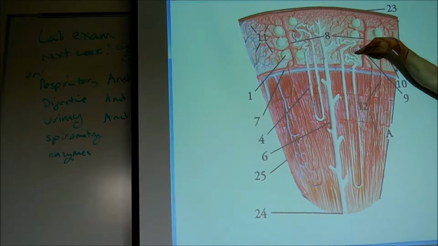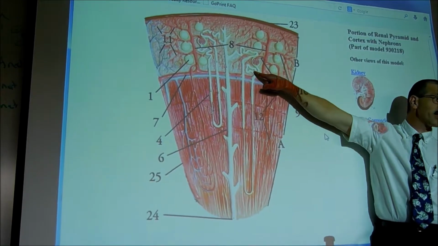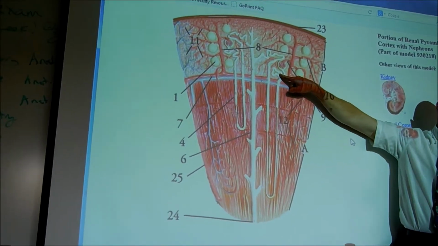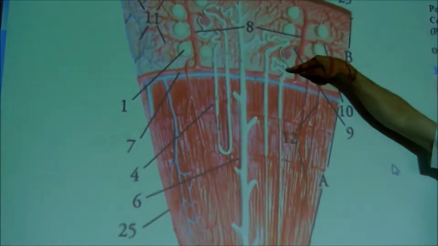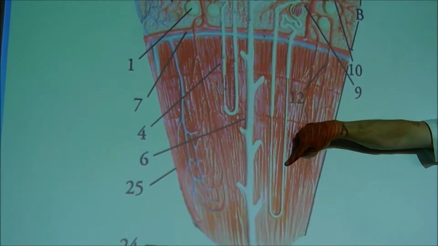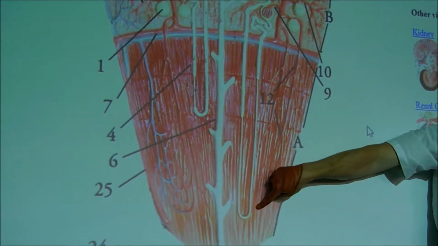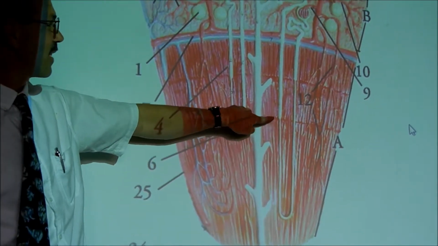So we're going to start here. I'm going to go through this squiggly tube that's near that. So how do you say squiggly tube near something? Proximal convoluted tubule. Then I'm going to go down a tube. What tube am I going down? The descending loop, or descending loop of Henle. Then I'm going to turn and go up, which would be the ascending loop.